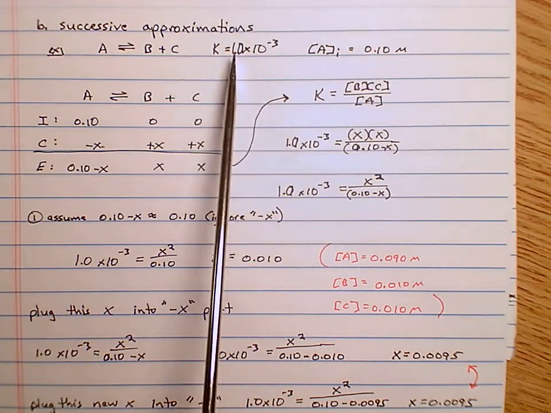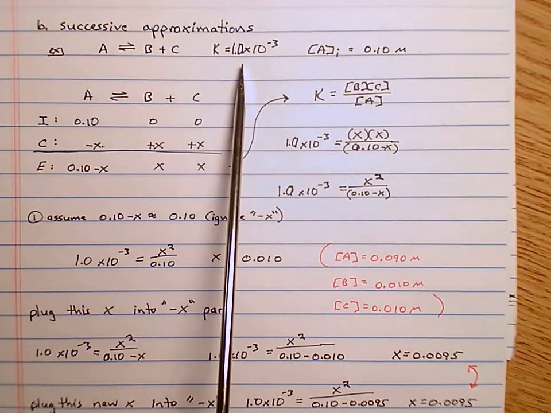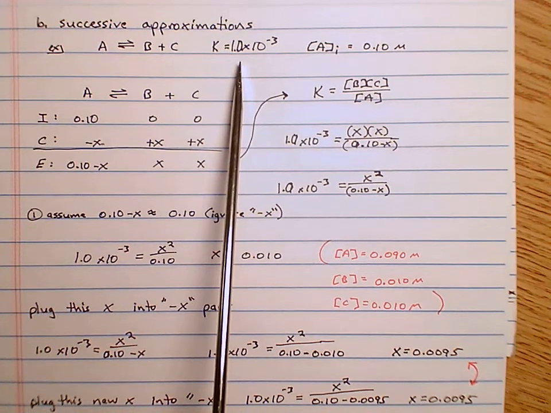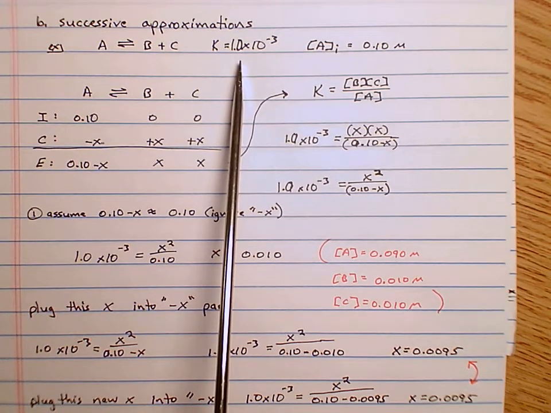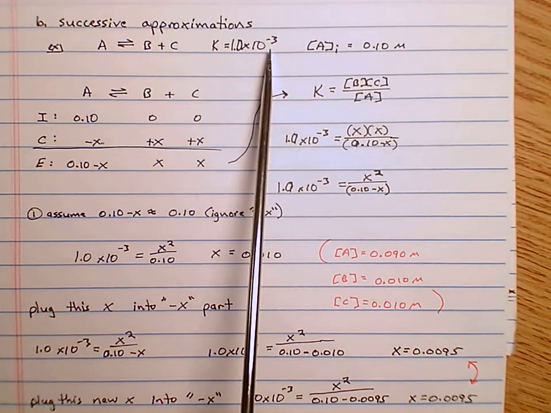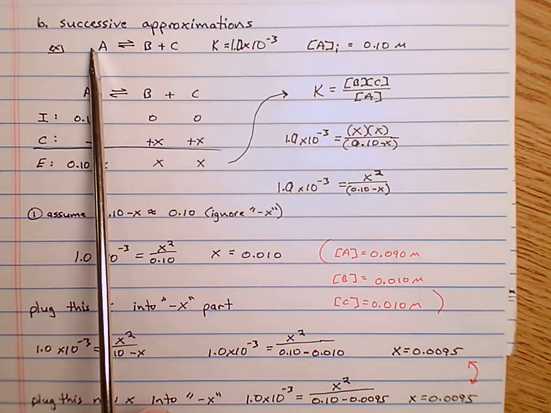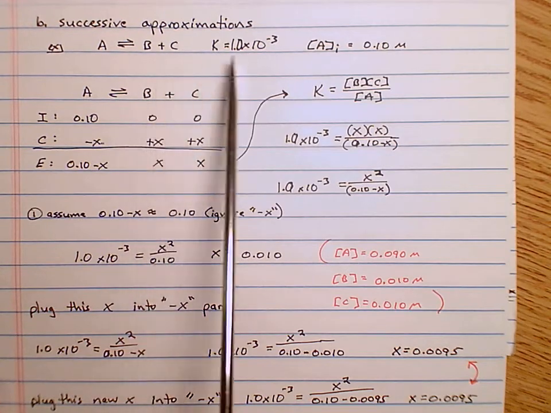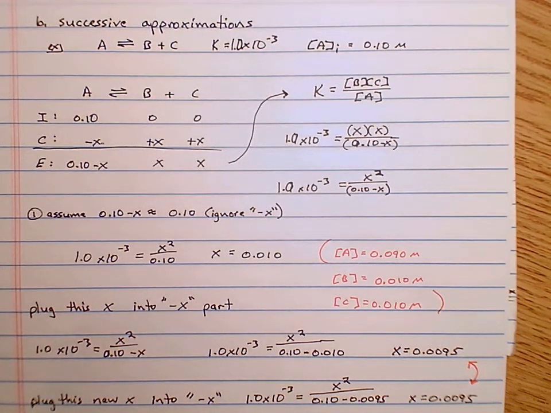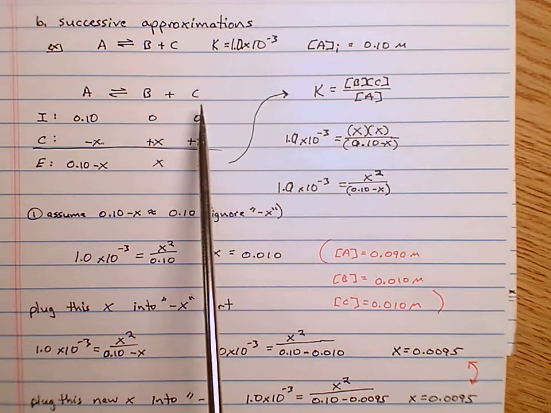So this is just not quite small enough to be comfortable for me. I know my answer is going to be pretty good because that's still a pretty small number. This reaction does lie well to the left, and therefore I would not expect much product with that equilibrium constant, but can we really just ignore the minus x?